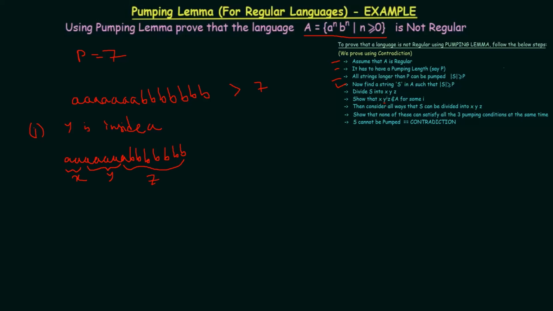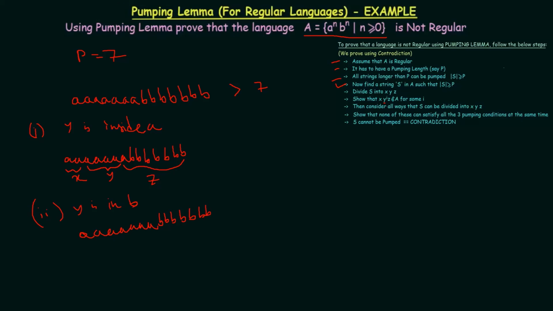For condition number 2, let's say Y is in the B part. Now remember this can be anything. I have taken length equal to 7, but that doesn't mean you have to take 7 always. You can take anything, 3, 4, 5, 2, that is completely up to you.